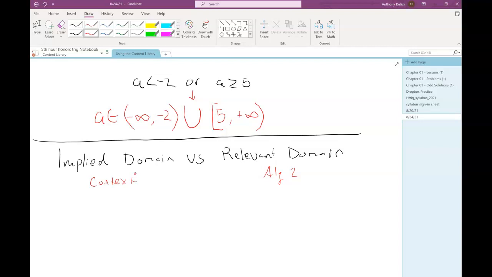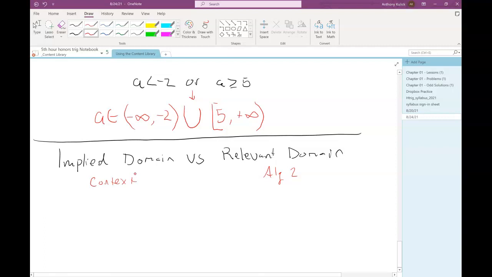Okay? The place where we have to be careful with an implied domain is in a problem where there is context. So if we say the function f of x equals x represents the number of people needed to screw in a light bulb, there the domain has a different implication, right?